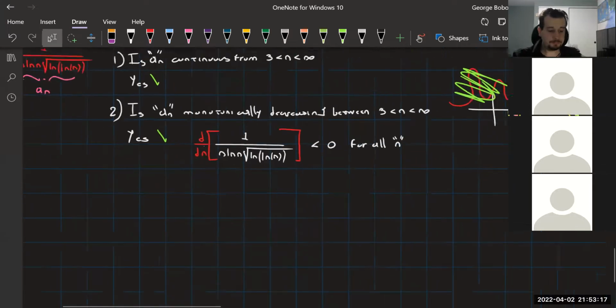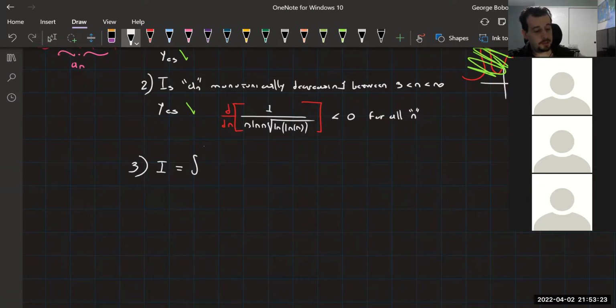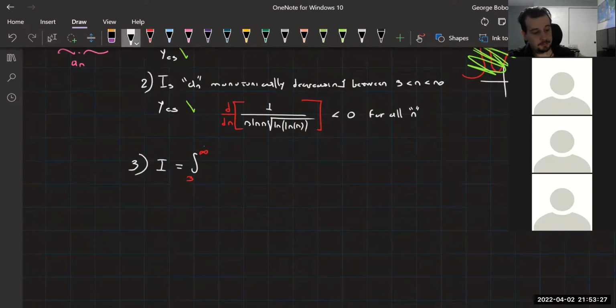And then we go to the third one, which is the integral. We're going to take the integral from 3 to infinity of a_n. All right, let's go. So we have to take the integral of this. We have to square it again, ln of n.